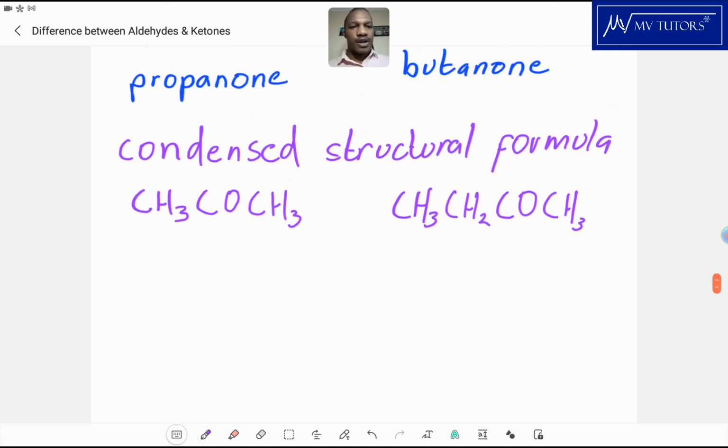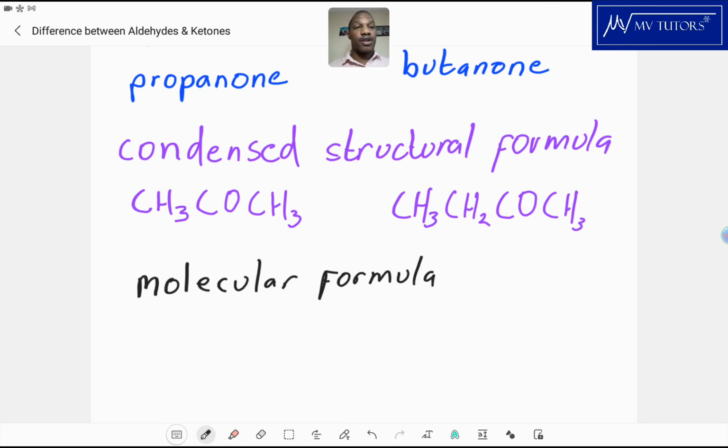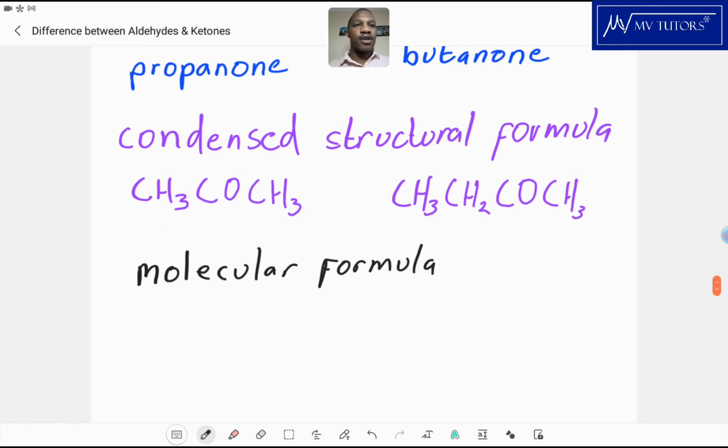Now the last discussion we have to do before we make the difference: the molecular formula. From the condensed structural formula, count the number of C's. We've got 1, 2, 3, so it's C3. The number of H's is 3 plus 3, which makes 6 of them.